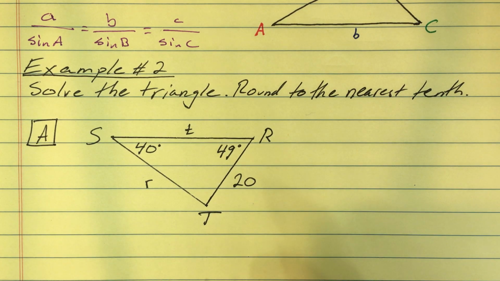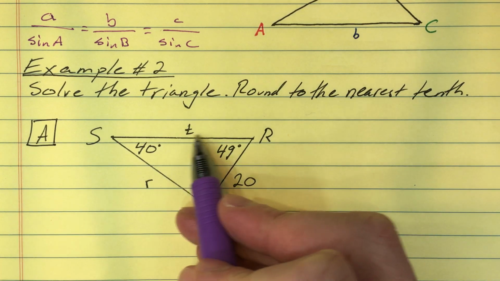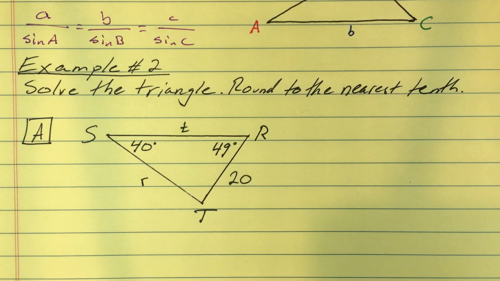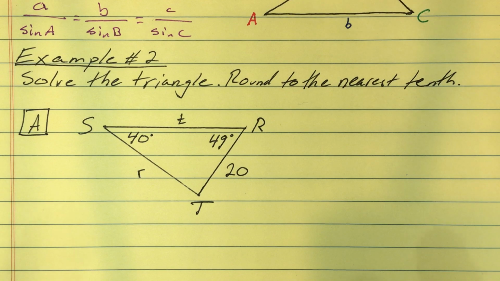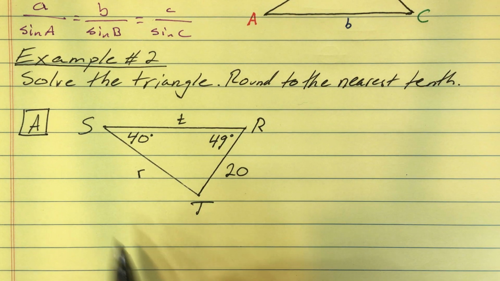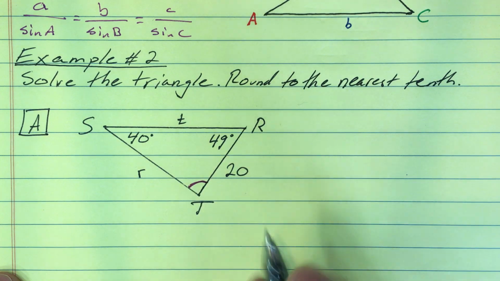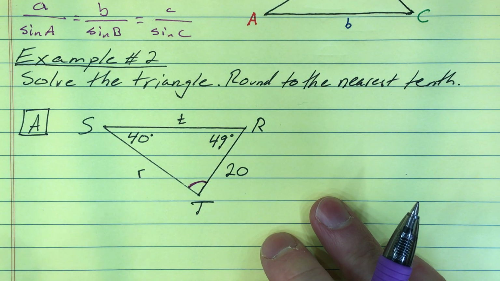So what we need to do is figure out the missing angle down here of T, and then the side lengths T and R. When you're given two angles and you need to find a third, this is probably the most straightforward measurement to solve for, because we know that the angles of a triangle add up to be 180 degrees. Since we have two of them, this last one, angle T, needs to be the missing amount to add up to 180.